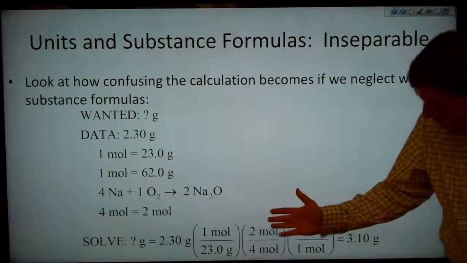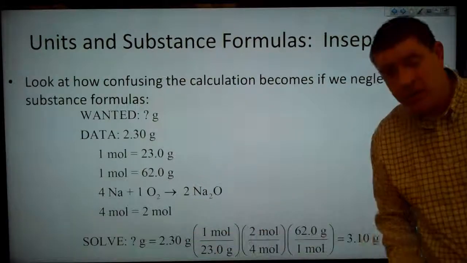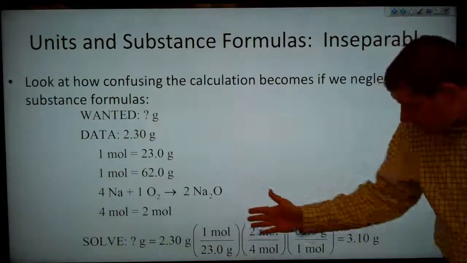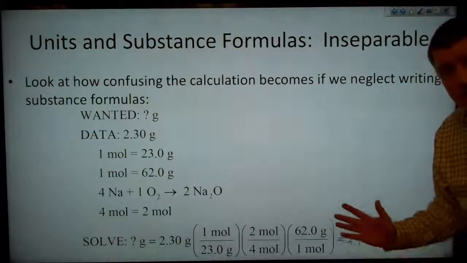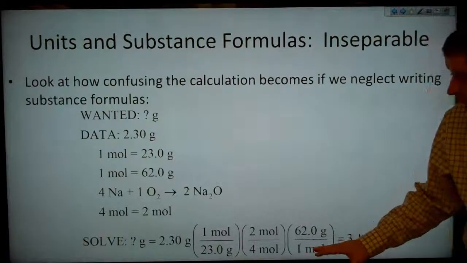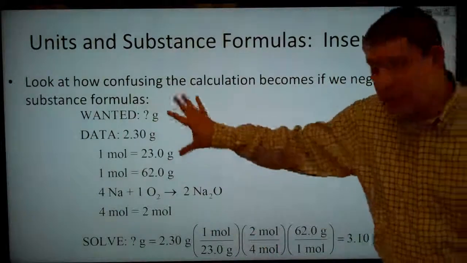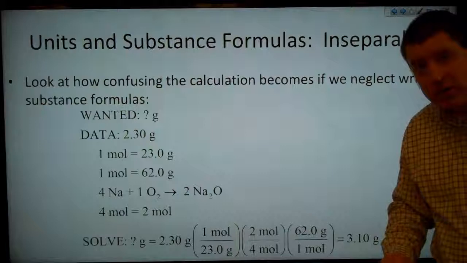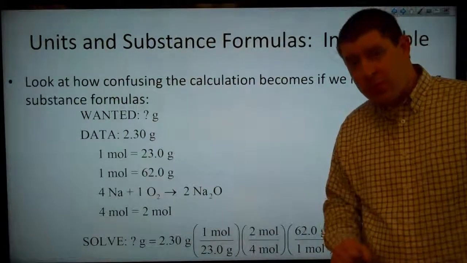And why do we not just say 2.30 grams? Because that one is in grams. Right? And so this calculation doesn't seem to make much sense unless you're able to go back and plug the substance formulas back into each place where they should have been written in the first place. So be really careful as you're doing your problems.